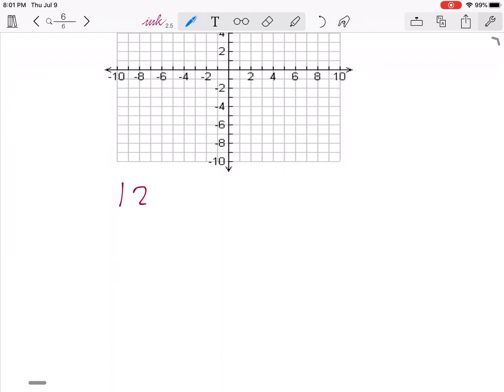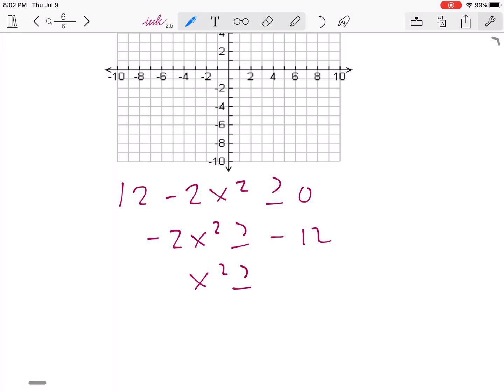So 12 minus 2x squared has to be greater than or equal to 0. And so negative 2x squared has to be greater than or equal to negative 12. Okay, and so x squared is greater than or equal to 6.